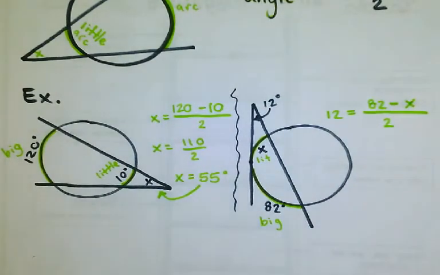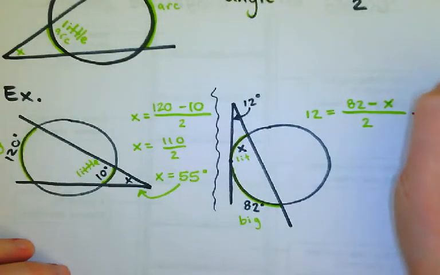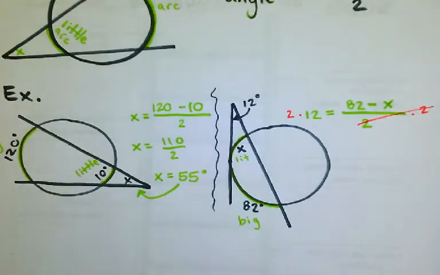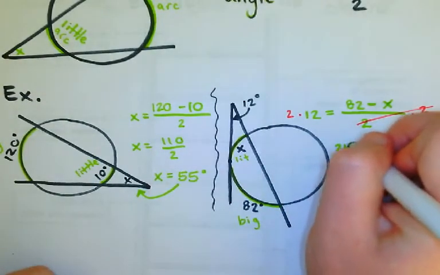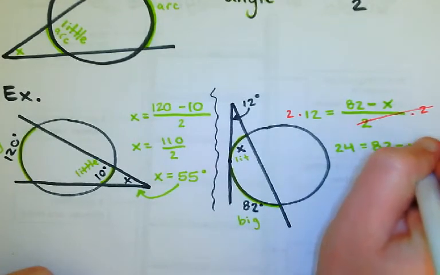Alright, so what we want to do is get x all by itself. First thing we're going to do is get rid of this fraction. So we're going to multiply by 2 on both sides. So we've got 24 equals 82 minus x.